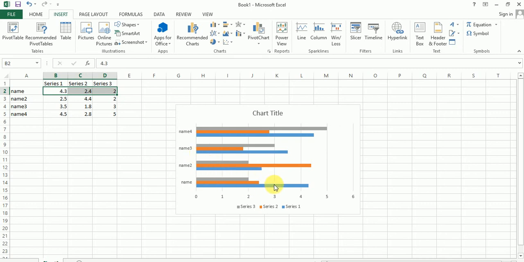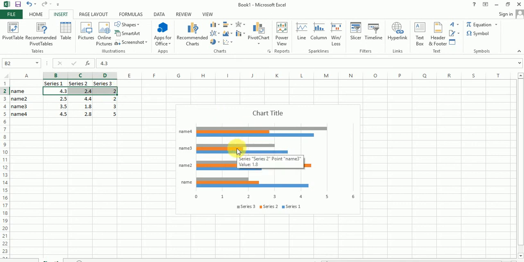This one, vertical axis, horizontal axis, and this one vertical axis. Set a horizontal bar or vertical bar. Bars depict values on the horizontal axis. Values on the horizontal axis, already the values are inside the horizontal axis: 4.3, 2.4, and 2. And categories are on the vertical axis. Where is the category? On the vertical axis.